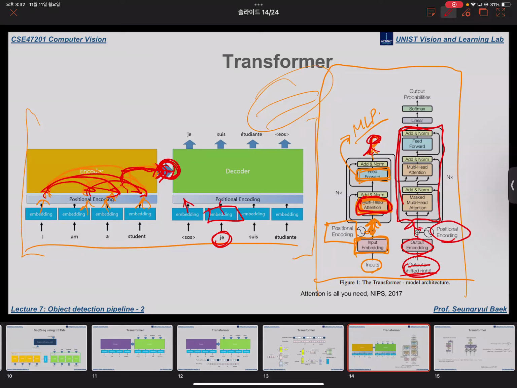But this part, the decoder, operates in an autoregressive manner. So this is the same as this figure. Shifted right means that it first starts with the starting token, but gradually increases the words inputted by using the outputted signals.